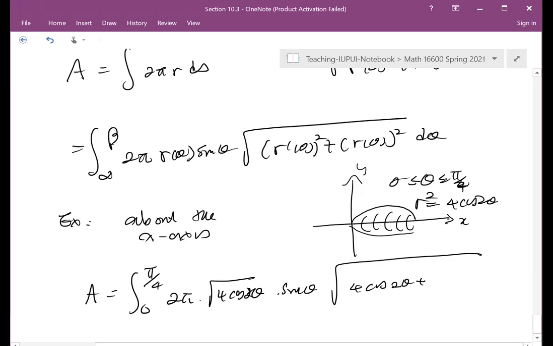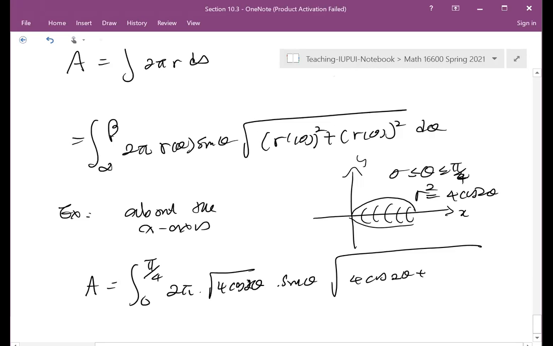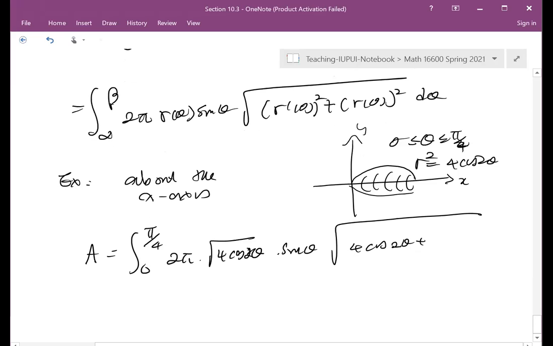But when you differentiate r, that's a little bit complicated. So r is going to be 2 times the square root of cosine 2 theta.